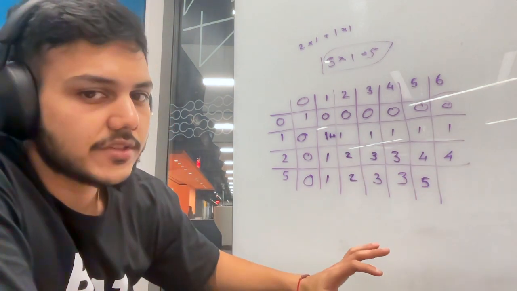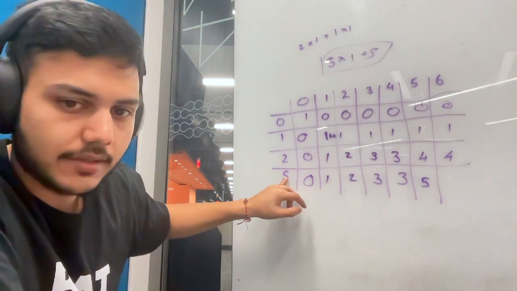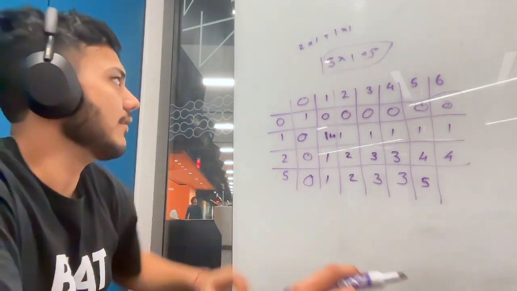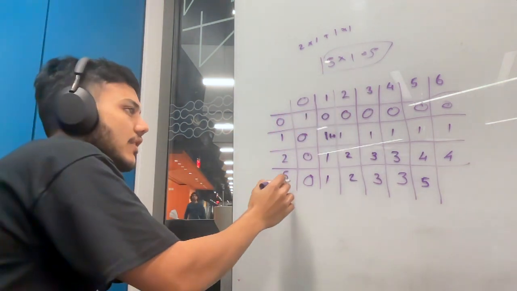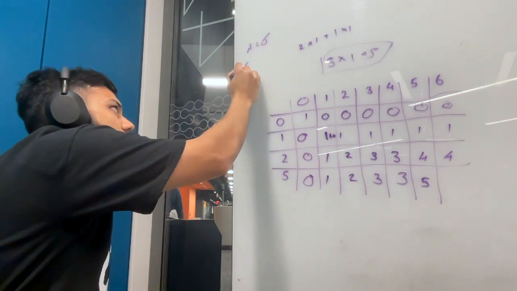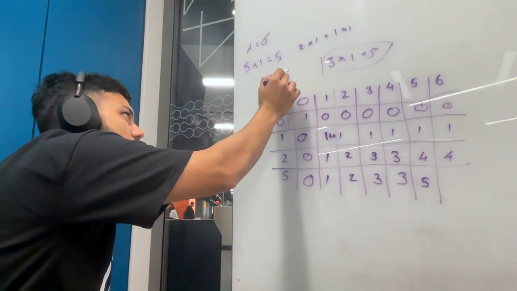Right? Now with 6, you gotta check. What were we doing in coin change 1? We were counting the number of steps of the coin, right? Here as well, we'll see with 6, can you make 5? With 5 as a coin, can you make 6 an amount? So we have the amount as 6. 5 cross 1 is equal to 5. We are remaining with what? 1, right?